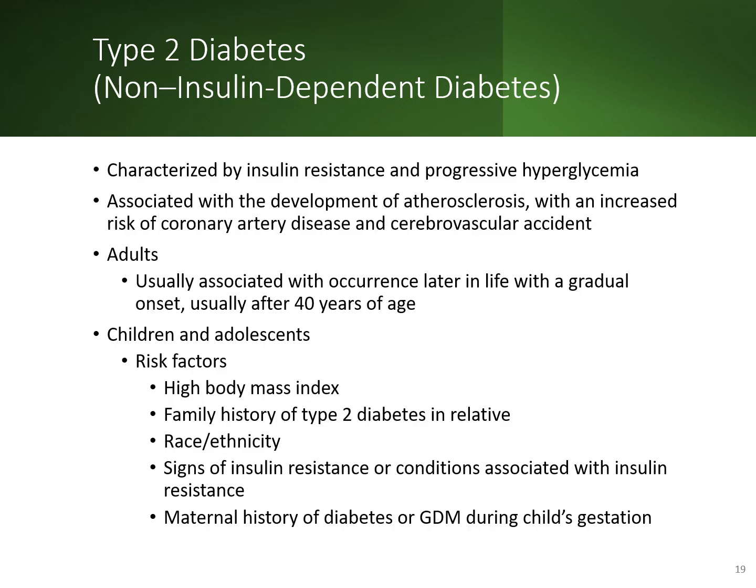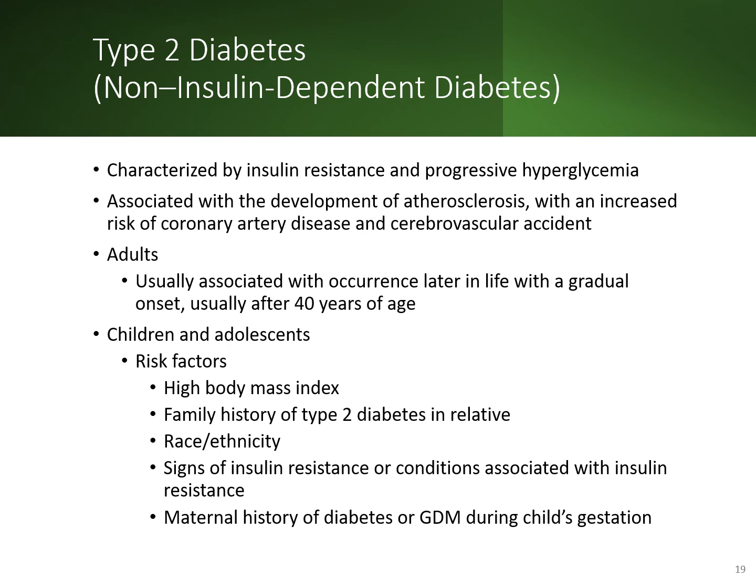Type 2 diabetes, which is non-insulin dependent diabetes, is characterized by insulin resistance or progressive hyperglycemia. So you see this with people that are usually a little bit older in life. They're well out of adolescence, and they can have several risk factors, or they could have had several risk factors from their childhood.